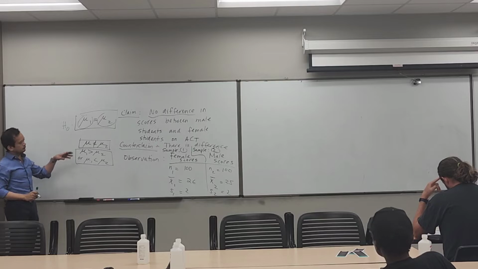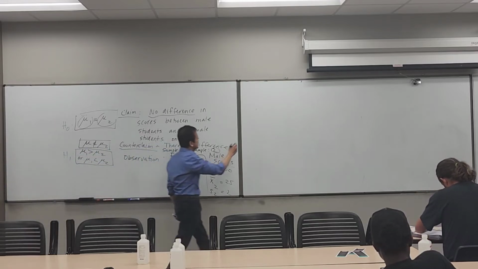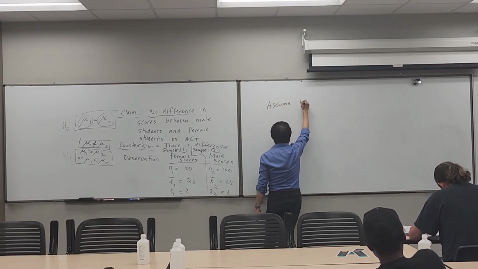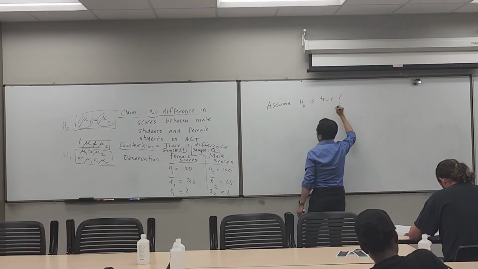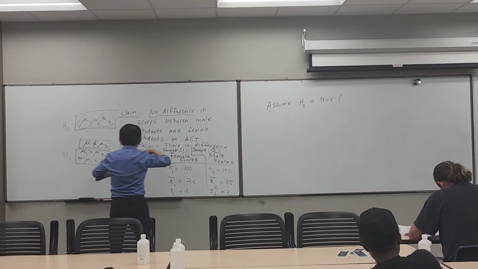So now we're going to go to step 2, which is we're going to assume that H0 is true. And in this case, assuming H0 is true means that we're assuming mu1 equals mu2.